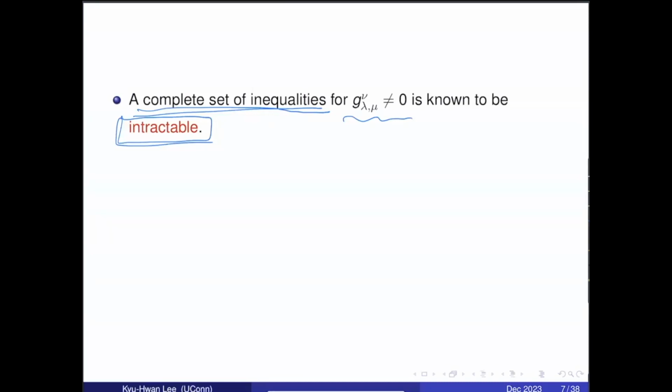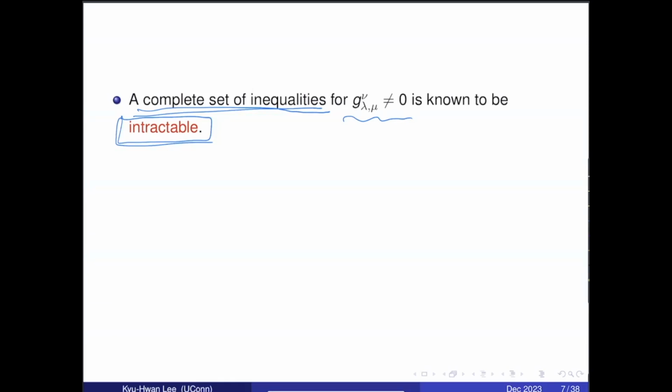There may be some certain way, but practically we cannot see all the inequalities. It's kind of beyond the capacity of a human being to easily write down the whole set of inequalities.